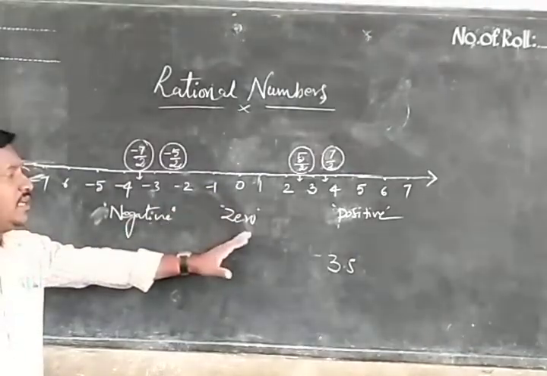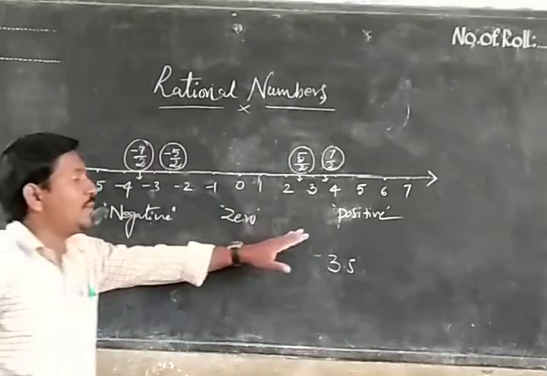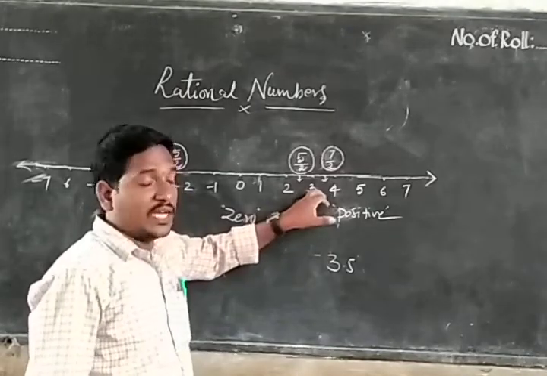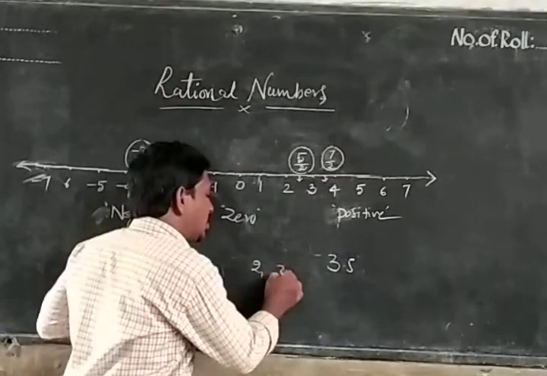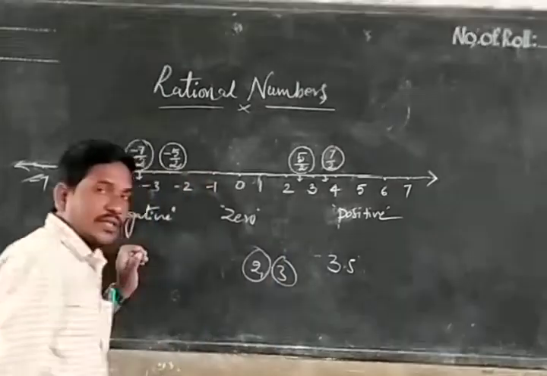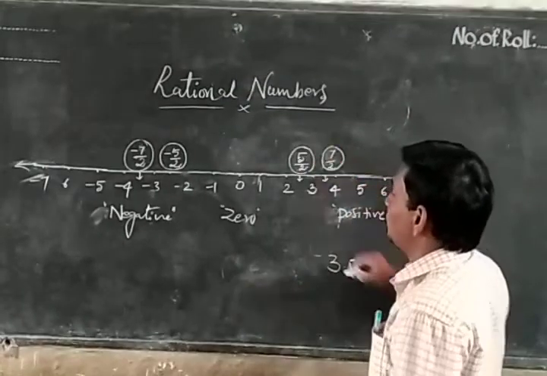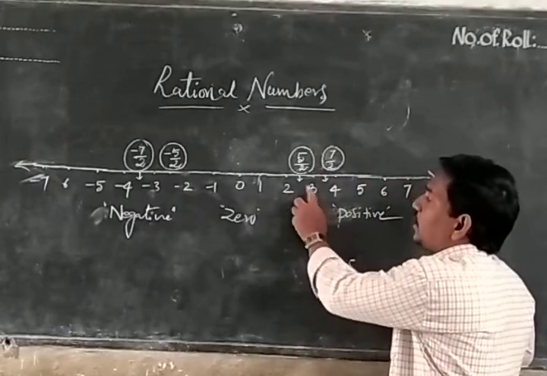Okay, you can calculate so many rational numbers between two rational numbers. Between 2 and 3, both are rational numbers, you can imagine 5 by 2. So the middle value of 2 and 3 equals 5 by 2.